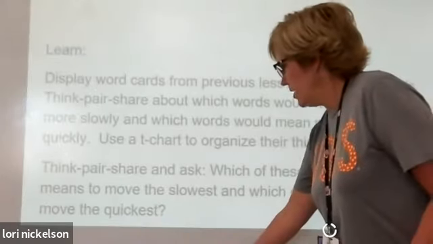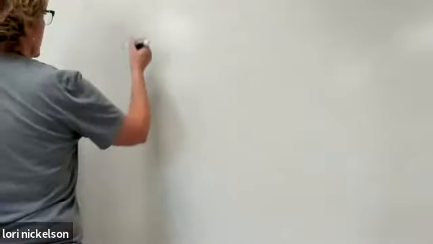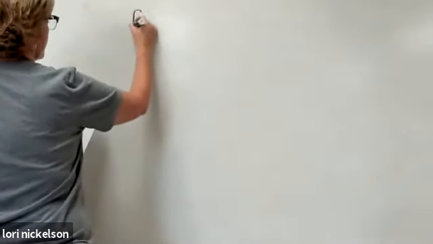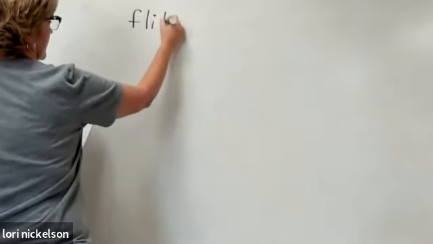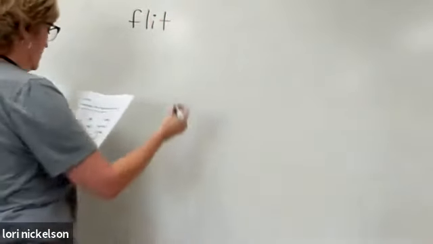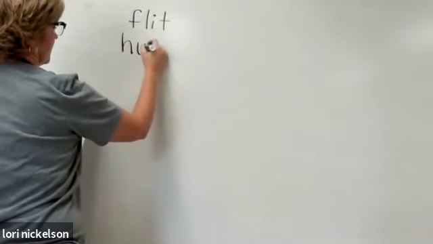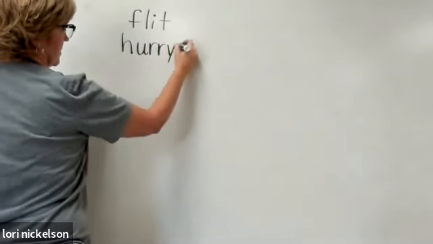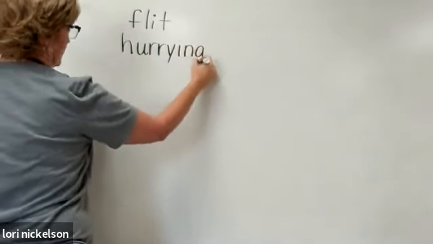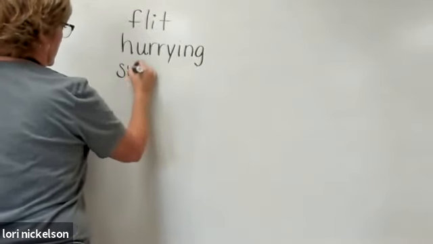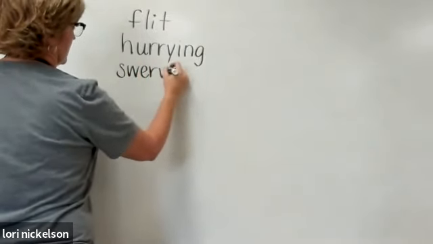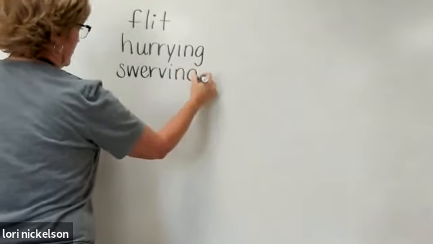So I'm going to pause this a moment, and I'm going to write these words up here on the board so you can see these words. You have the word flit. You have the word hurrying. You have the word swerving.